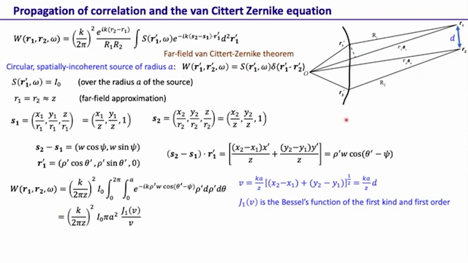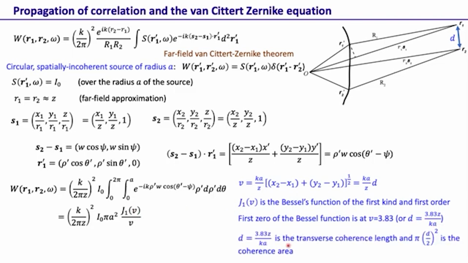So just by propagation, the field has become coherent. And how much coherent? That quantitative idea we can get by noting that the first 0 of the Bessel function is at V equal to 3.83, which corresponds to D equal to 3.83 Z by Ka. So this D equal to 3.83 Z by Ka, that's what we can call the transverse coherence length.